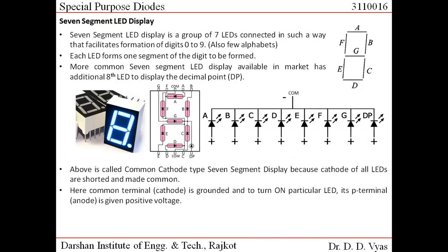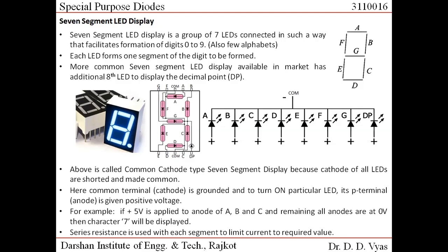How would this common cathode 7-segment display work? Here, the common terminal is connected to the ground terminal, because we understand that to forward bias an LED, the anode terminal should be at a higher potential compared to the cathode terminal. So the cathode terminal is connected to ground, and to turn on a particular LED, its anode terminal is given a positive voltage, say for example, plus 5 volts.